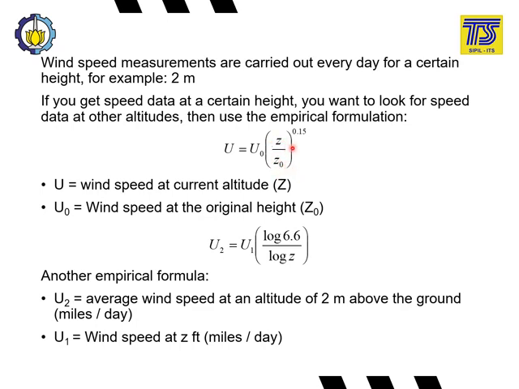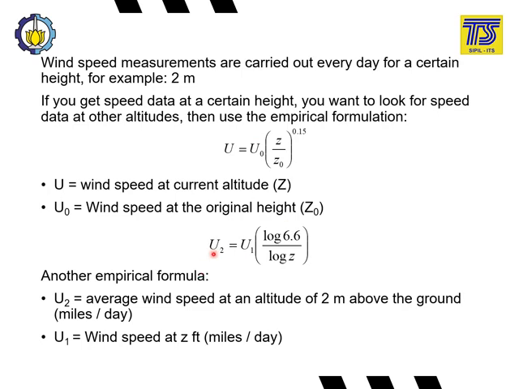So Z is the one that we look for, for example 4 meters, and Z0 is the one that we knew, for example here 2 meters. And then after that, we get the wind speed at the altitude that you want.